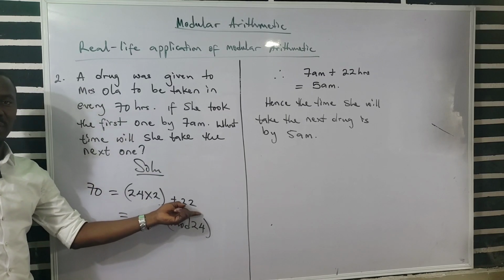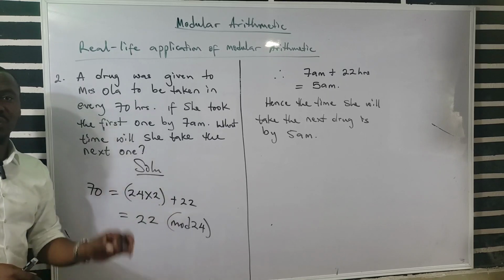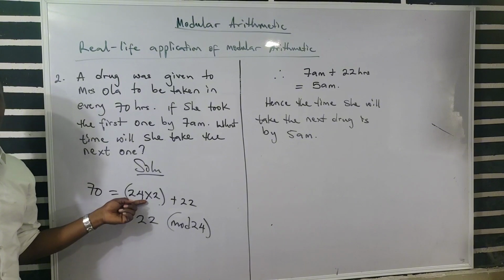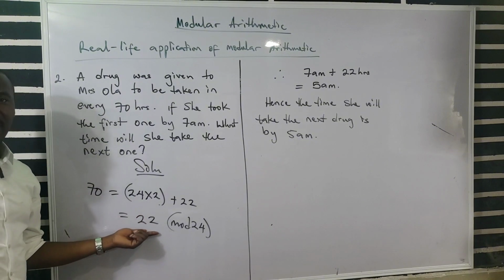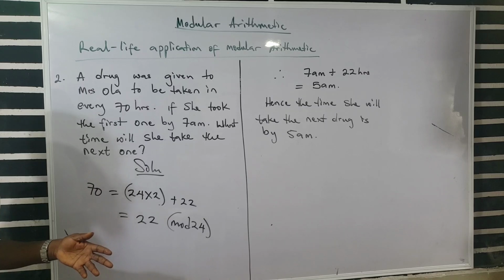So the third day now, that's when she's going to take that particular drug. Okay, so this is how to deal with time. So like I said before, whenever I'm solving a problem on time, I make use of 24 hours.